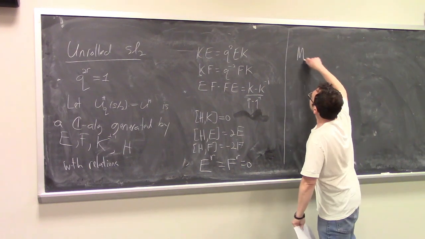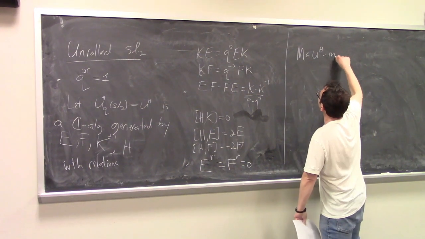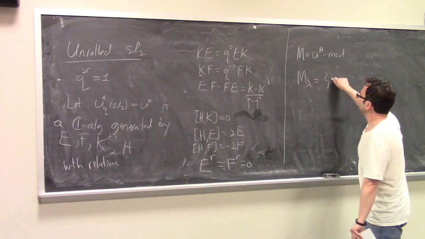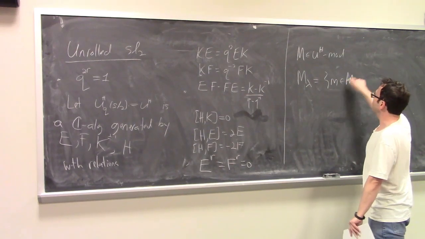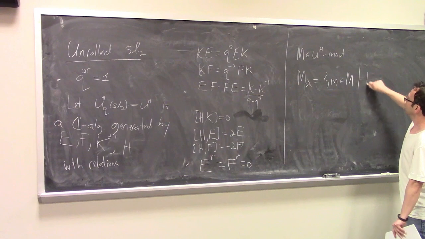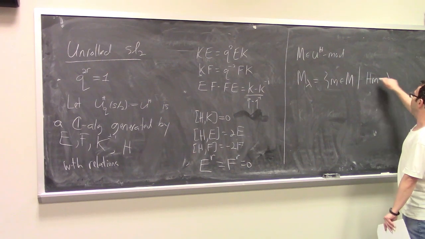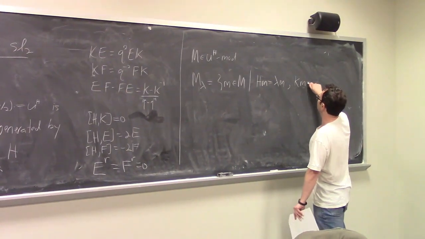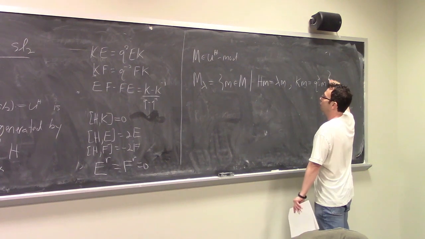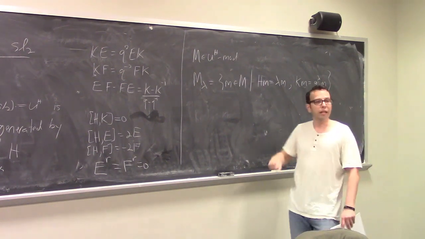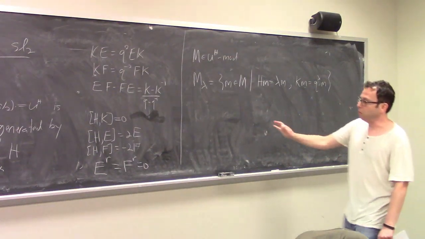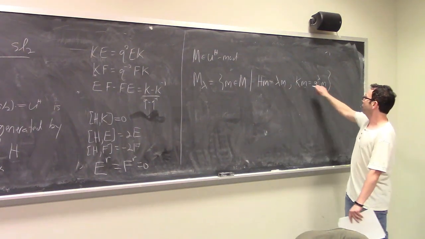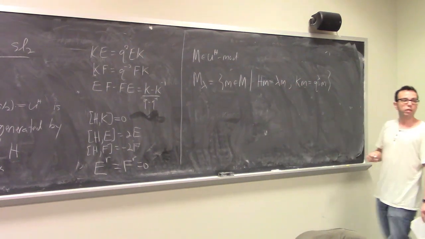If M is a module over this algebra, then we let M sub lambda be the weight space, all elements in M such that H acts diagonally with eigenvalue lambda, and K acts diagonally with eigenvalue q to the lambda. I said you should think of K as the exponential of H, and I don't put that in the relations, but we insist on this in the representations. So K acts by an exponential of H.